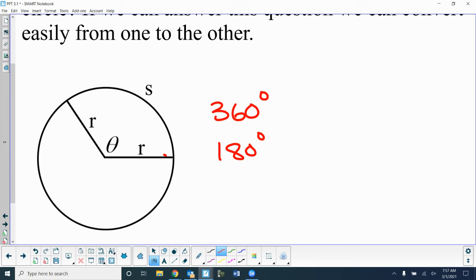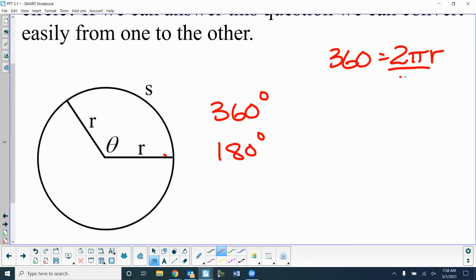Okay? And if you were to do a conversion, the circumference all the way around a circle is 2 pi r, right? That's the formula for circumference. Okay?